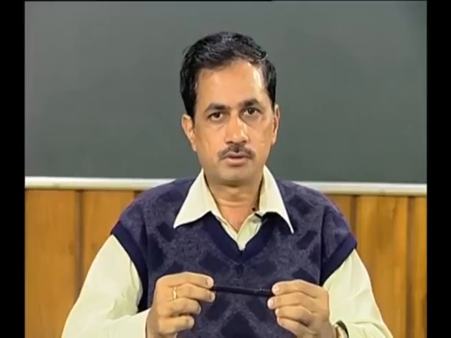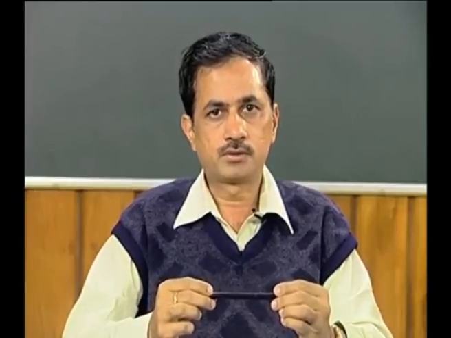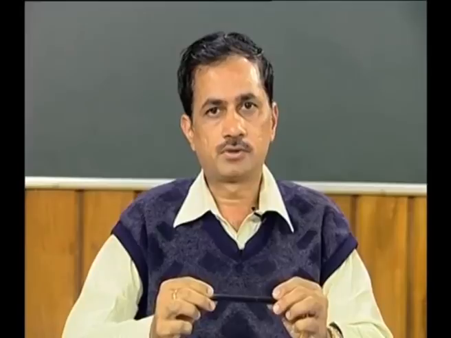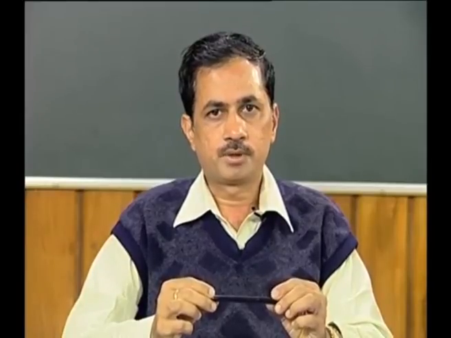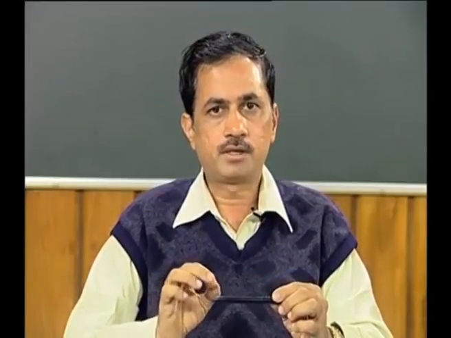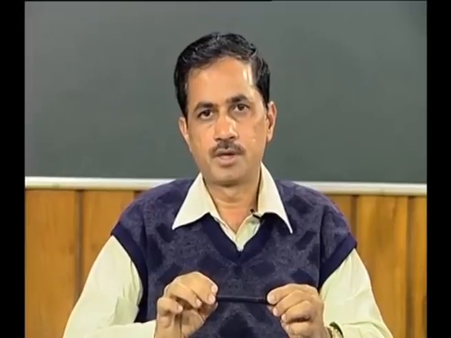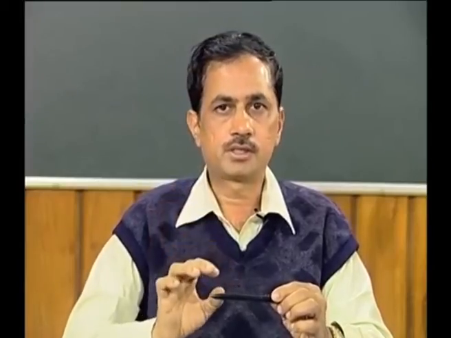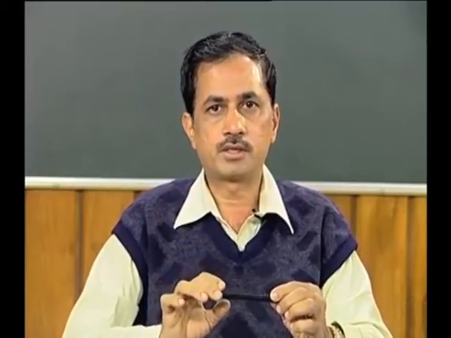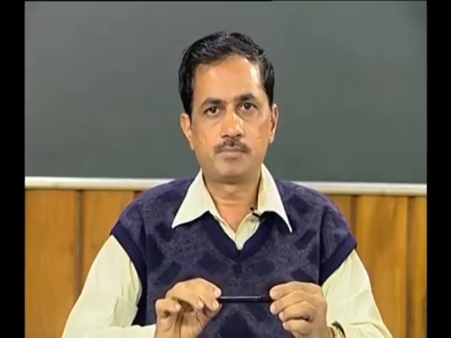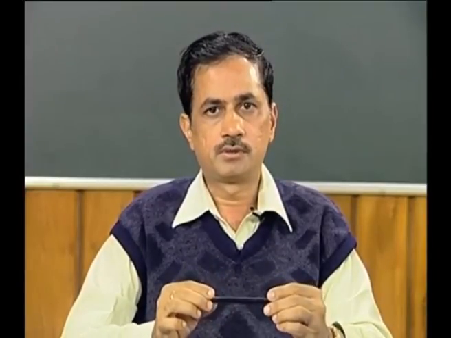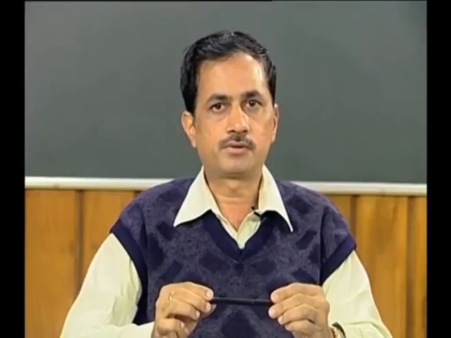So, this Jeffcott rotor will whirl at its natural frequency, because this is a perfectly free vibration phenomenon. We are giving an initial disturbance to the system, there is no external excitation, and because of that it will be whirling at the natural frequency of the shaft.